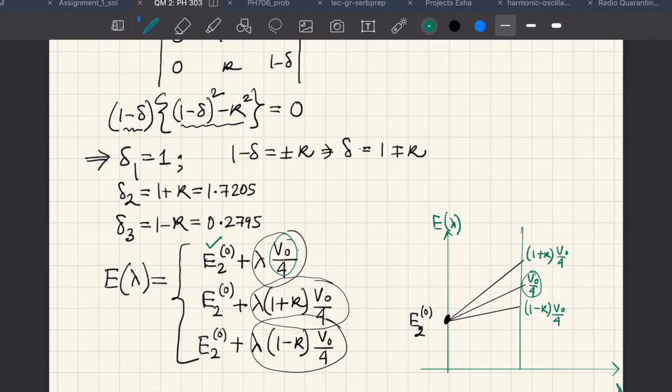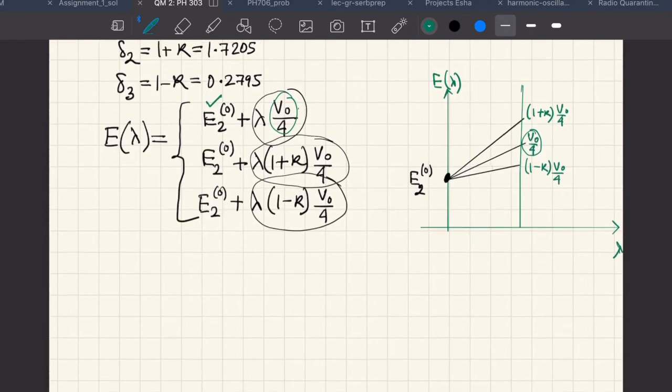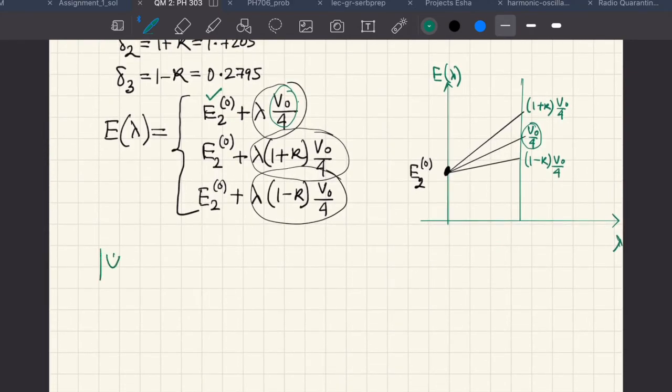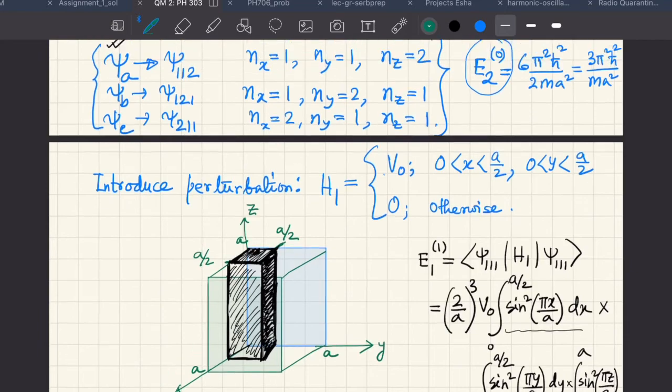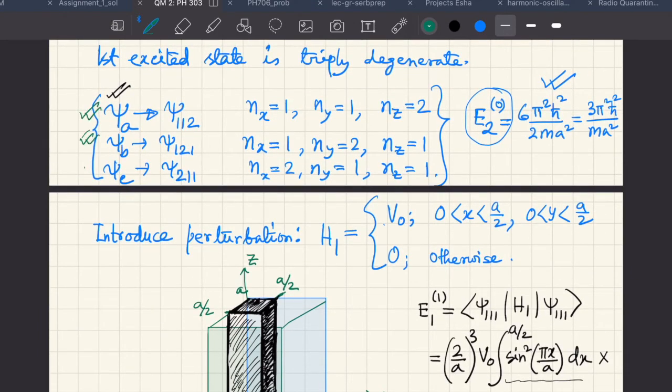Now, meanwhile, the good unperturbed states are the linear combination of this form, as I have already said. So what should be the good unperturbed state for this? This should be alpha psi A plus beta psi B plus gamma psi C, because remember the psi A, psi B, psi C are the unperturbed degenerate states to start with.